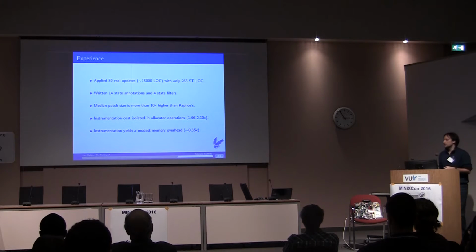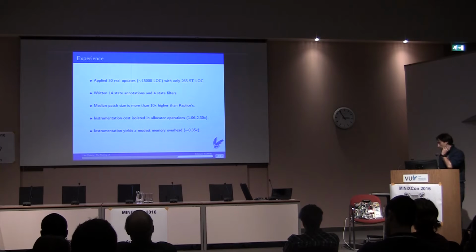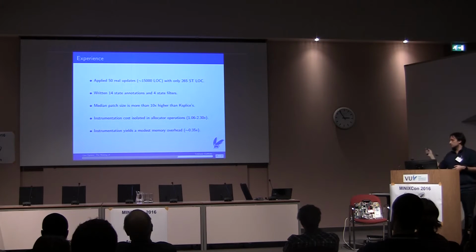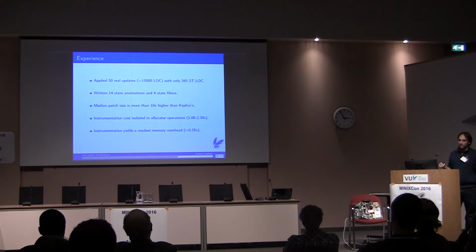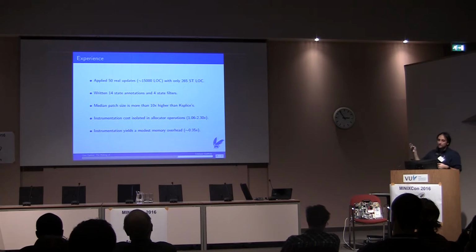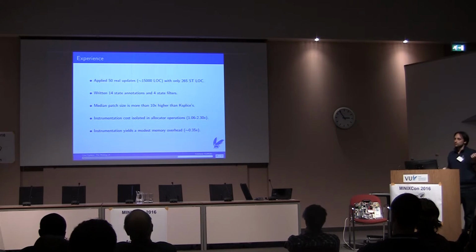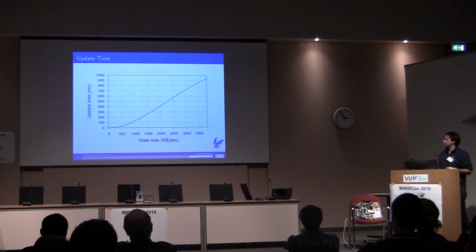Just to give you an impression, the median patch size in our evaluation is more than an order of magnitude higher than the one used in the K-splice evaluation. We've also measured the instrumentation cost to be mostly isolated in allocator operations and invisible in macro benchmarks, and the instrumentation to result in a relatively modest memory overhead due to metadata instrumentation.